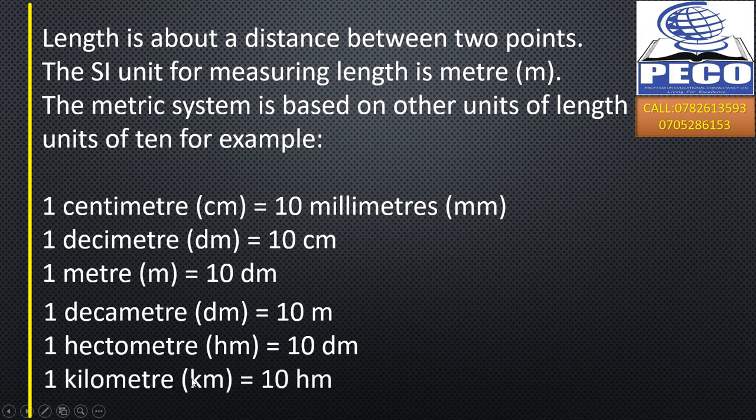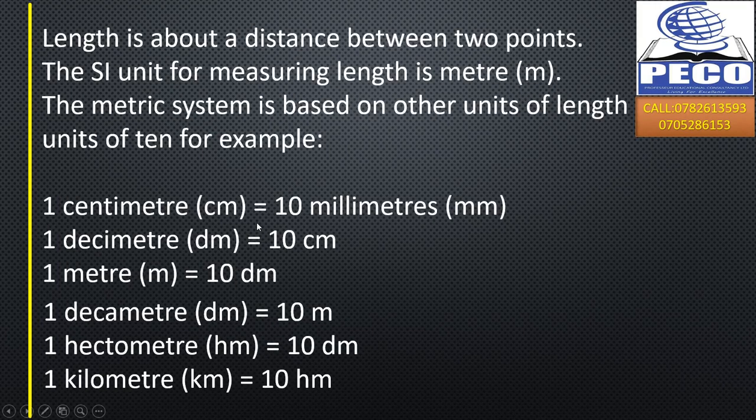And 1 kilometer is equal to 10 hectometers. So these are other units of length, smaller or bigger, but the standard unit is a meter. Standard unit for length is a meter.